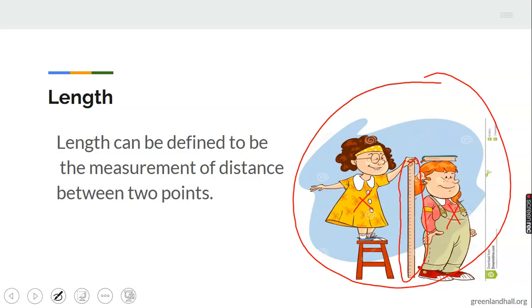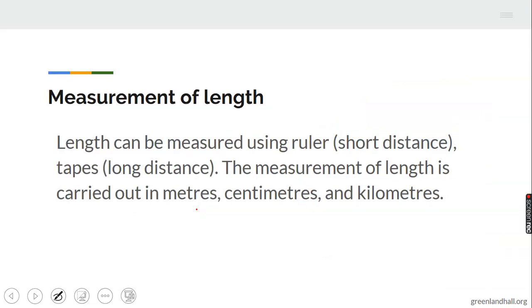So that is the distance between the ground level of this lady and her height. That is the distance between the 2 points. The first point is the ground. Then the next is the head, where the measurement starts and where it ends. That is the meaning.